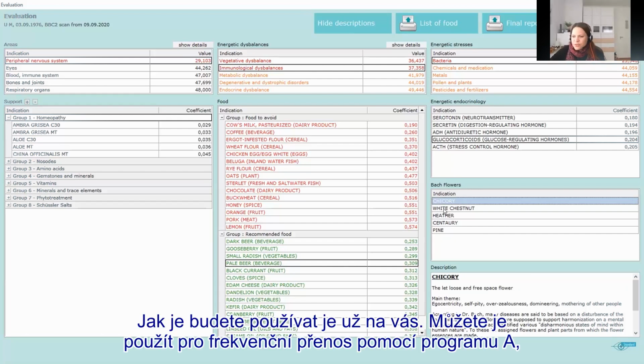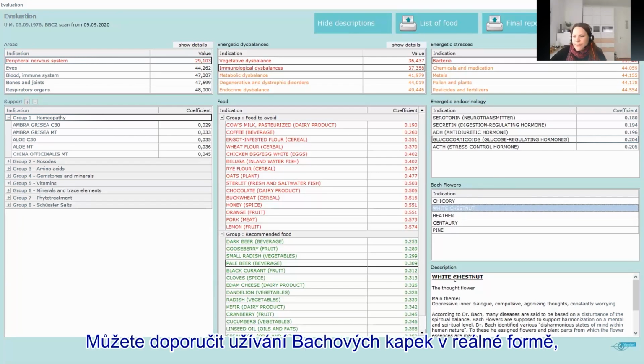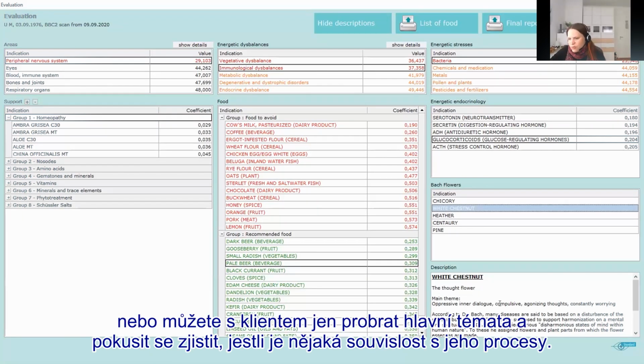So how you use it, it's in your hands. You can use it as a frequency transfer, as an A program, or to use it for channel 2. You can give them these Bach flowers to take in real, or you can just talk about the main themes coming up to see what's going on.